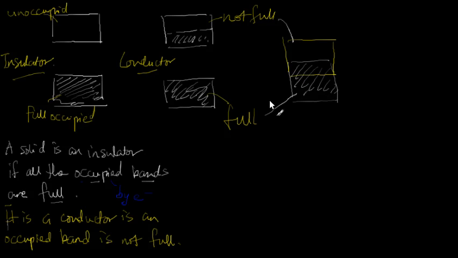So while we are here, let me write down some terms. If you imagine that these bands are made of energy levels, then there would also be energy levels below it.